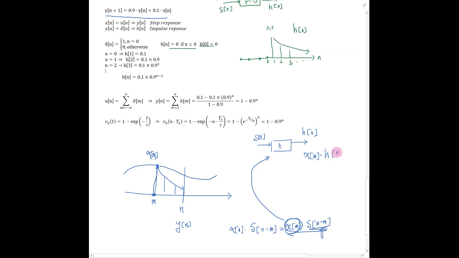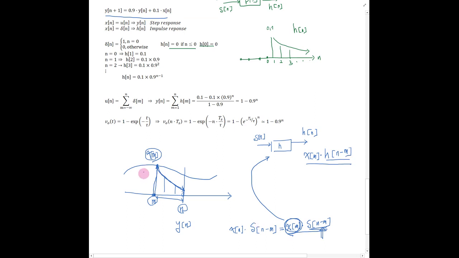So this should be the output. What does this mean? This one is xm, and this one is scaled this much. The scale factor is the separation between the current time and the previous data. So that difference is the scale factor.